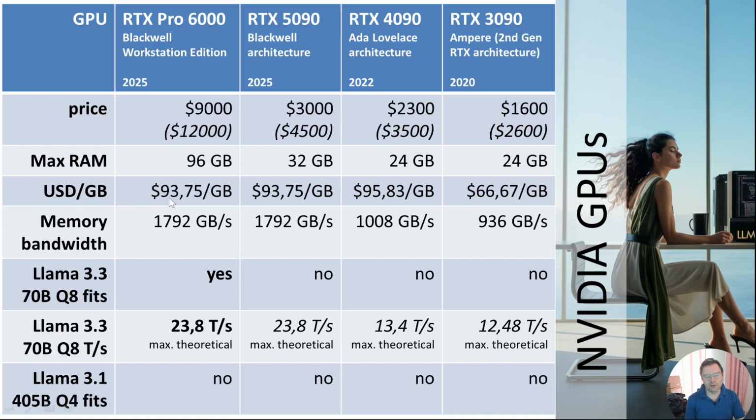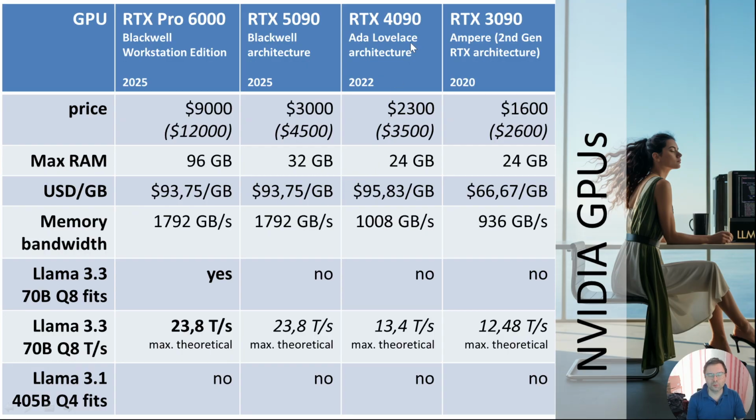If you roughly calculate the price and look at the US dollar per gigabyte comparison, so you divide the 9000 by 96, the interesting thing is actually the RTX Pro 6000 and RTX 5090 are at exactly the same level, $93.75 per gigabyte.